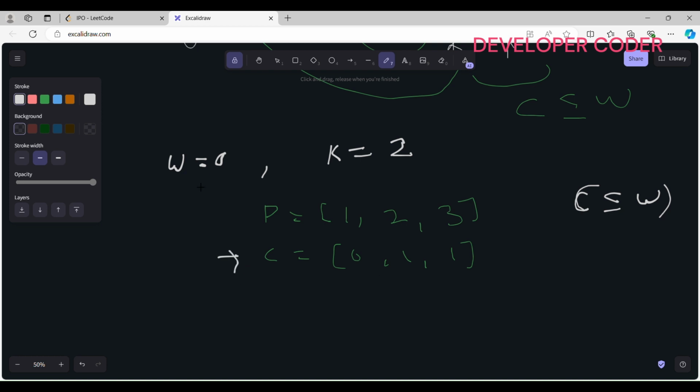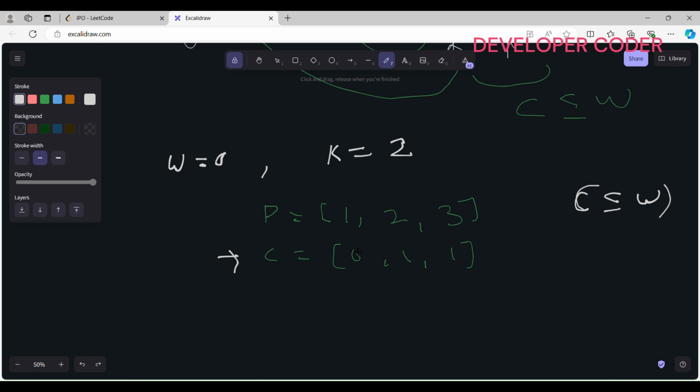Because suppose my W is 1 and there are some more values like 2 and 3, I am going to pick the projects with capital from 0 to 1. I can't pick the 3 and 2 directly, so I have to sort this capitals array.